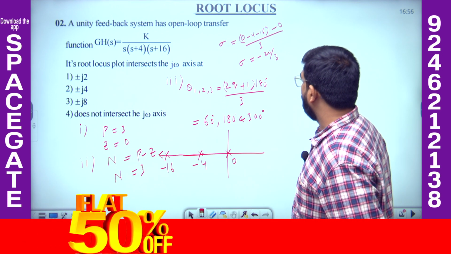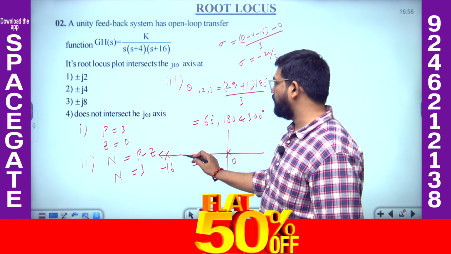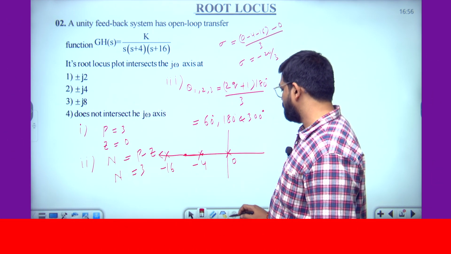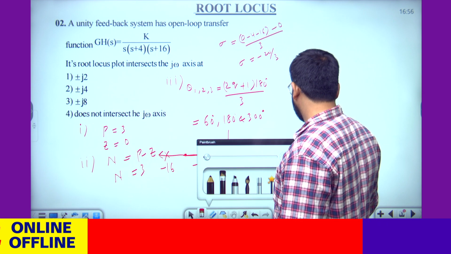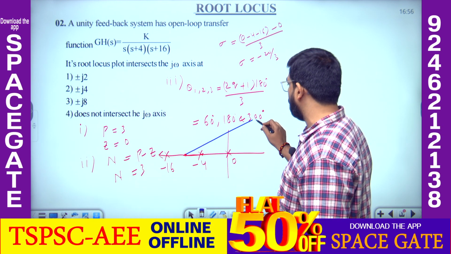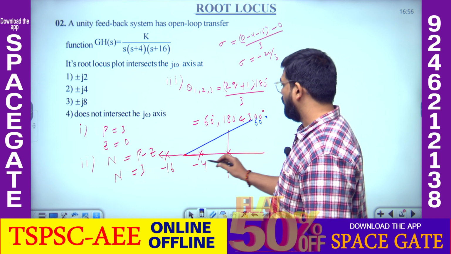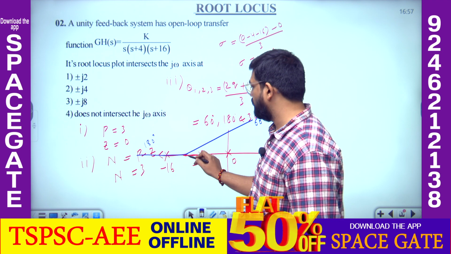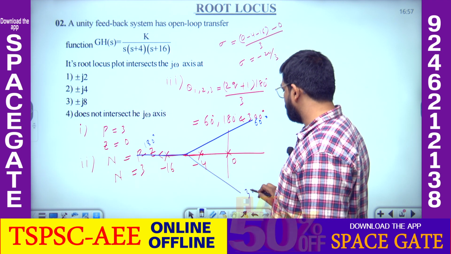Got the point? Somewhere here, minus 6 point something. Here we will get the angle of asymptotic axis. So when you draw this angle of asymptotic axis, this is 60 degrees, this one is 180 degrees and this one is 300 degrees.